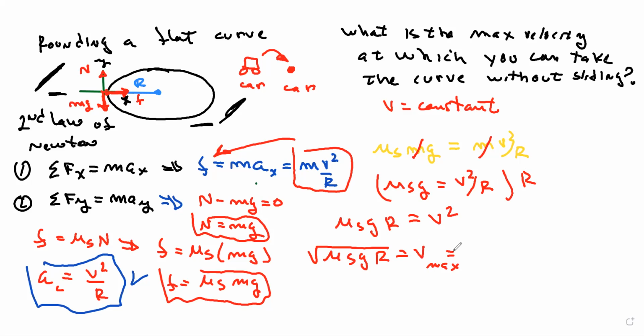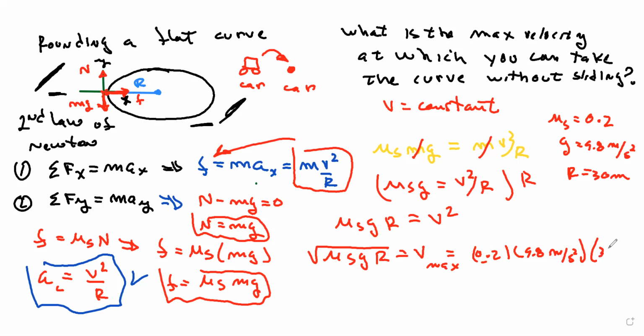So they give us data. Mu s is going to be 0.2. g, of course, is 9.8 meters per second squared. And the radius is going to be 30 meters. So we plug all that data. So it's going to be 0.2 times 9.8 meters per second squared times the radius, which is 30 meters. And then we get the square root of all that.